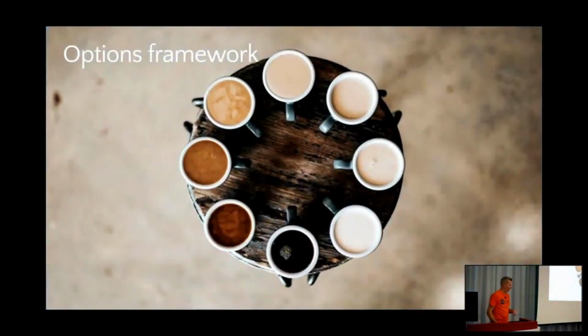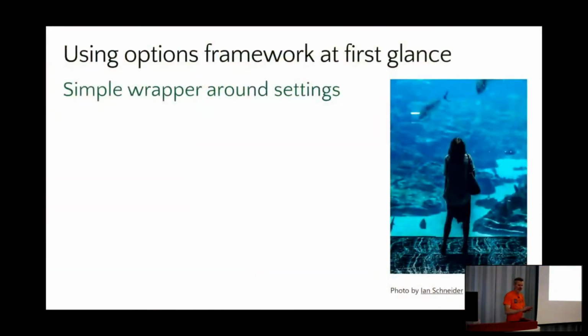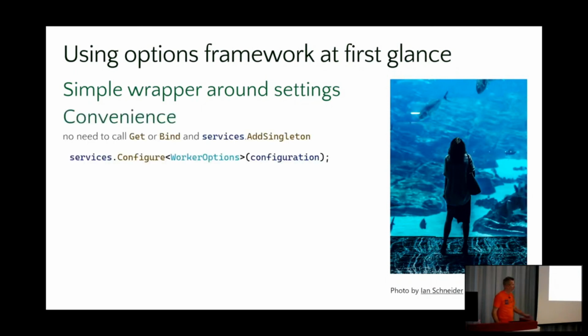Now there's this other thing, the options framework. And the options framework extends what we just saw. Now, if you first look at it, I've heard this said, it's just a simple wrapper. It doesn't add anything. All it does is, I can do configure and then worker options, which I explicitly named options instead of settings, because this is the options framework.